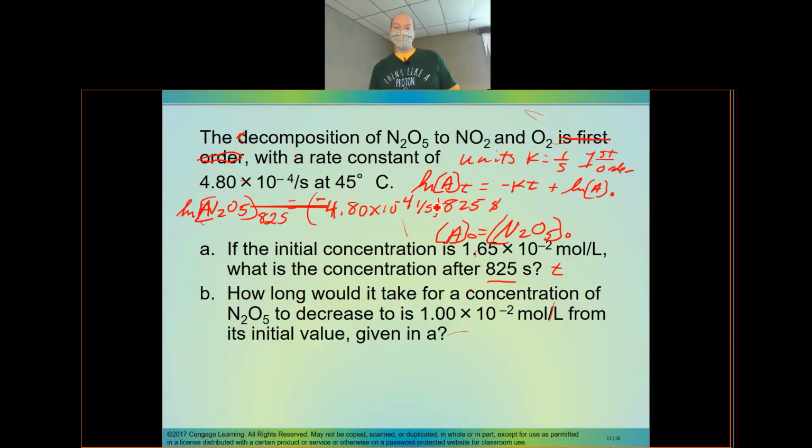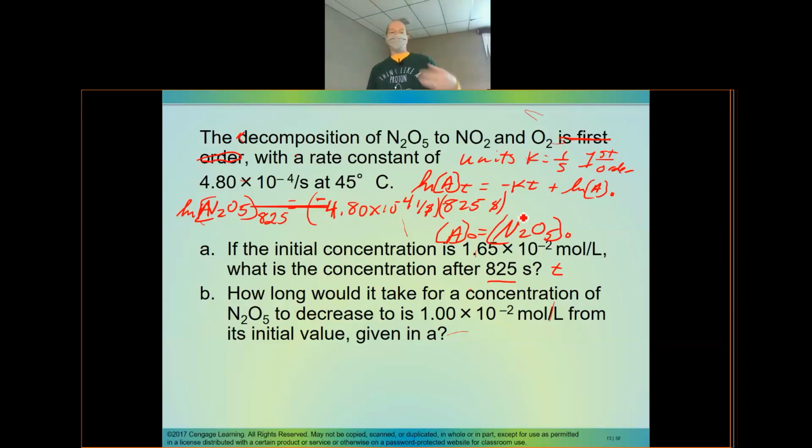So the seconds cancel the seconds. That's why your units for time are very important. If they would have given you minutes or hours, you would have to convert that to seconds. So 1 over seconds cancels seconds. The key here is the time must be the same so that it will cancel out.